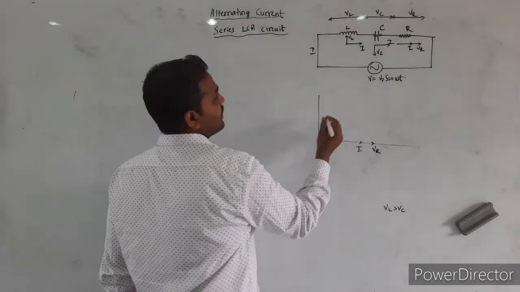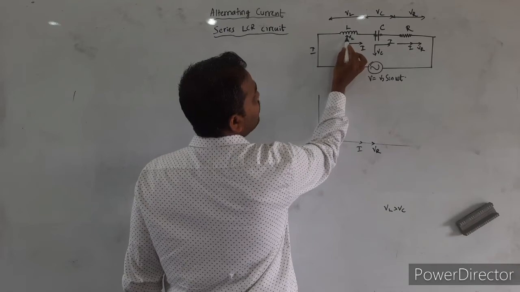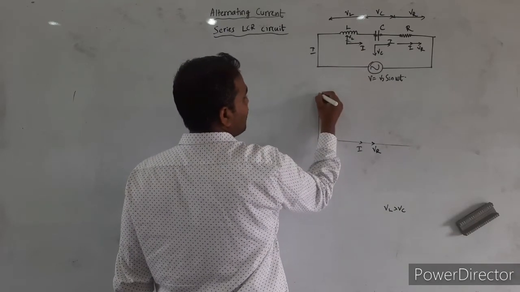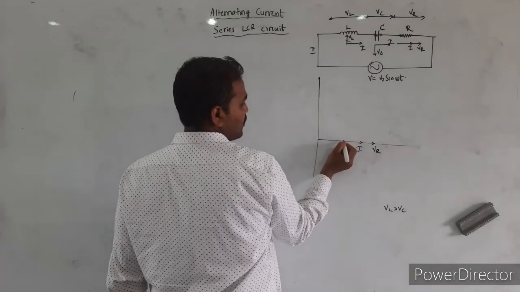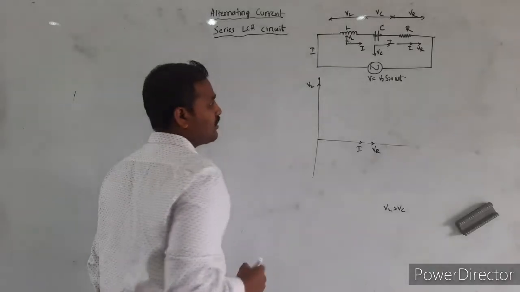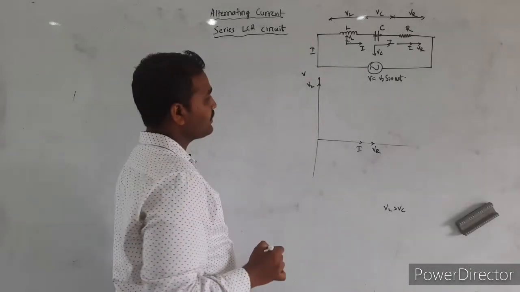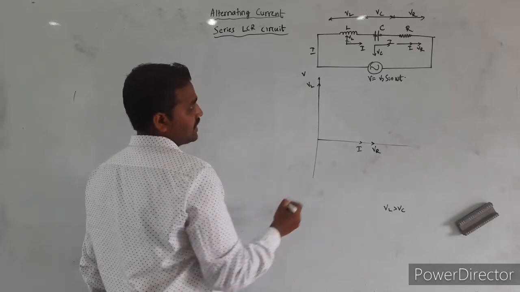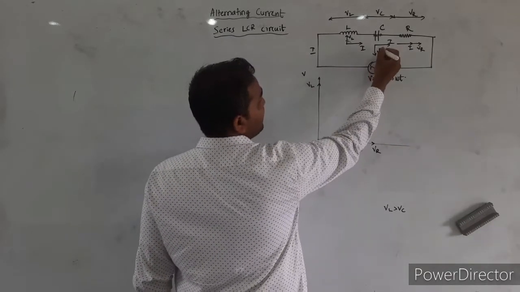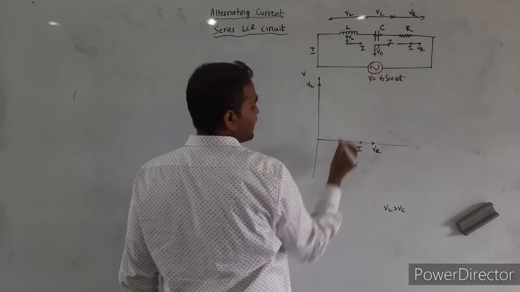Look at this inductor here. In the inductor, the voltage has to be ahead of the current by 90 degrees. So along the positive y axis, with respect to this, I will show VL. Let us consider this is the value of VL. Along the y axis I am plotting voltages. Similarly, when I consider the capacitor, the voltage across the capacitor has to lag the current by 90 degrees.